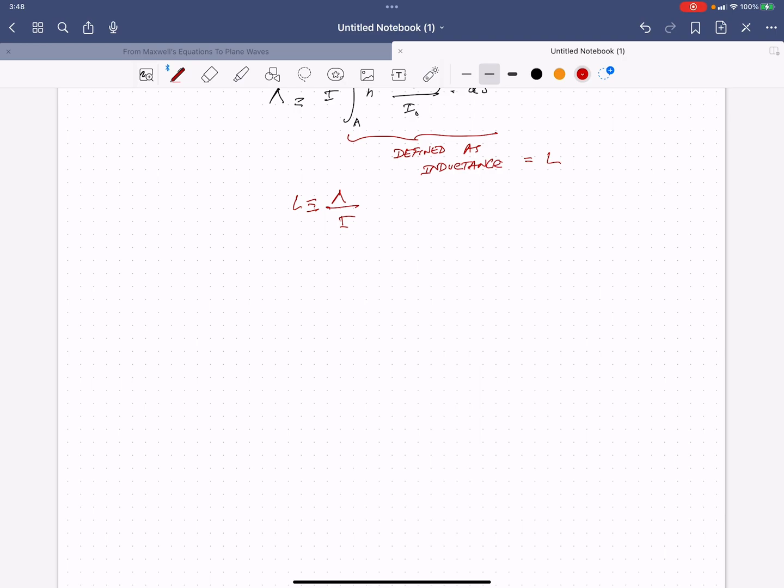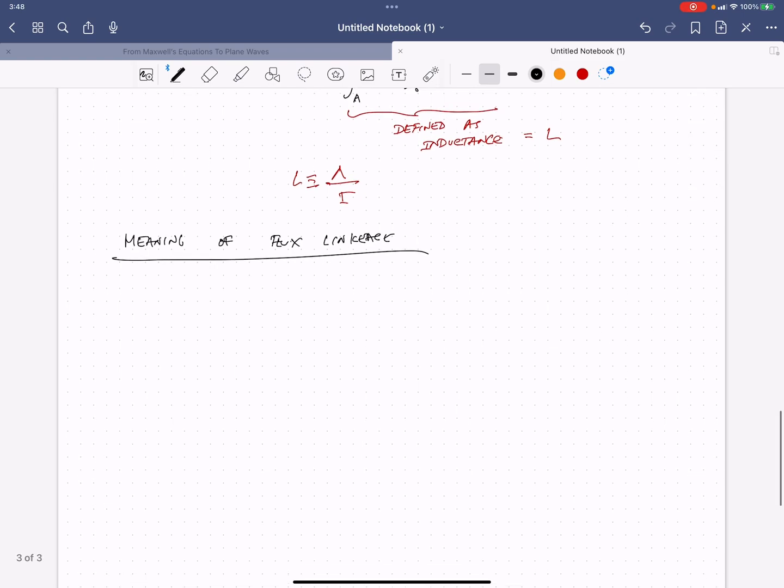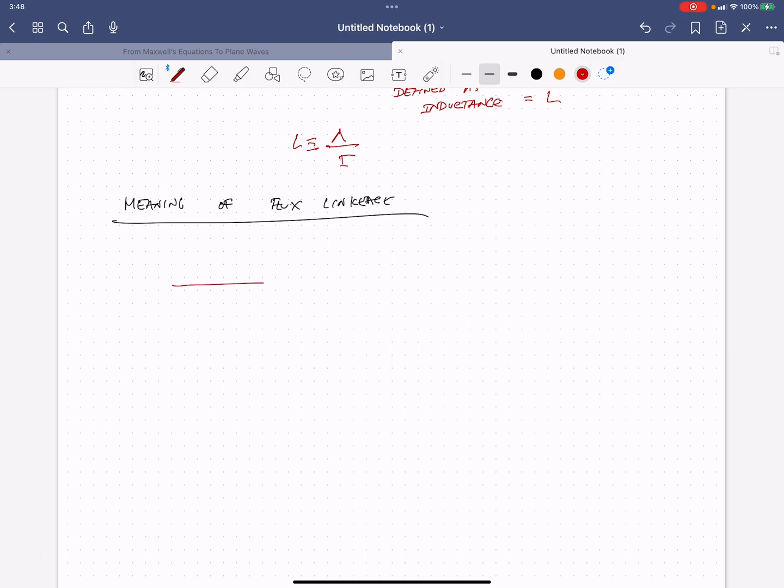So this is going to be a little hard, but I'm going to try to give you some feel for the meaning of flux linkage. Let's say we start with the case of thinking about a wire that's in a loop. Let me actually draw it in a loop. So I've got a wire and I'm bending it, like that, so current's going in from one side and coming out the other.